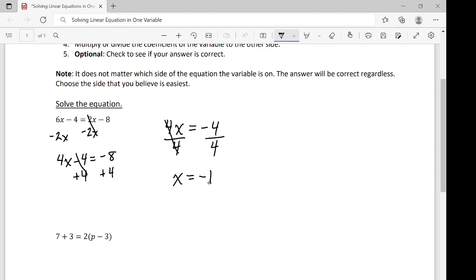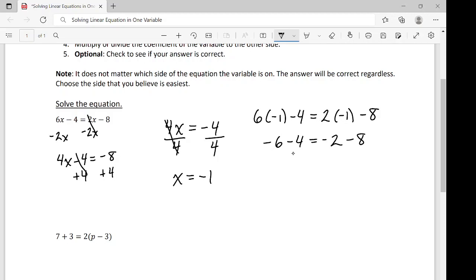Now for this one, I will plug it back in to check, but again, you do not need to. This is sufficient. So 6 times negative 1 minus 4 equals 2 times negative 1 minus 8. So negative 6 minus 4 equals negative 2 minus 8.